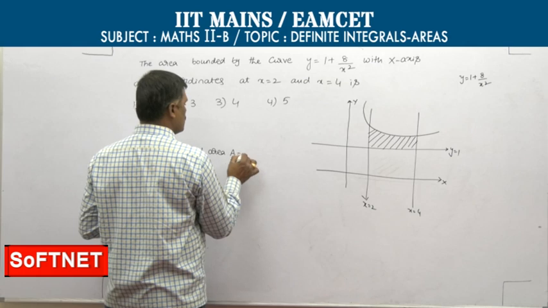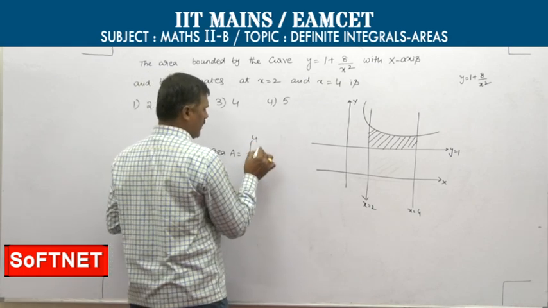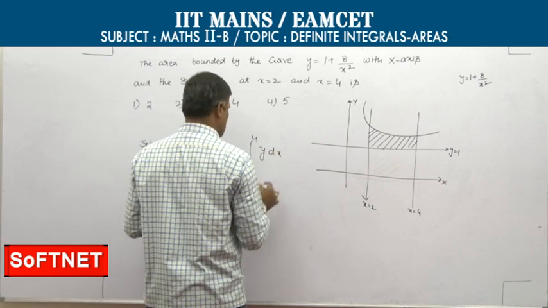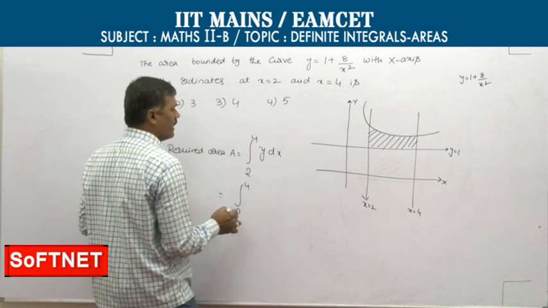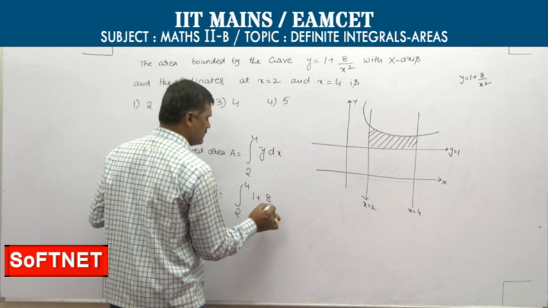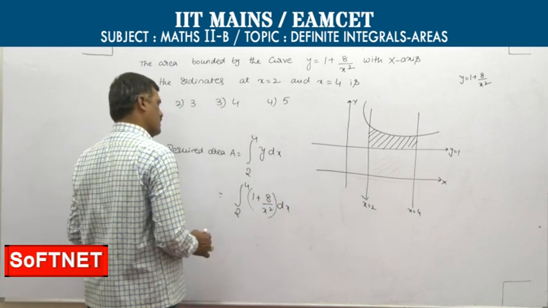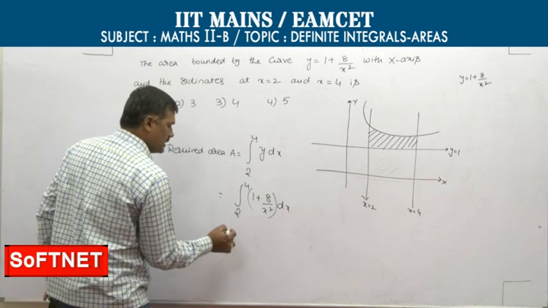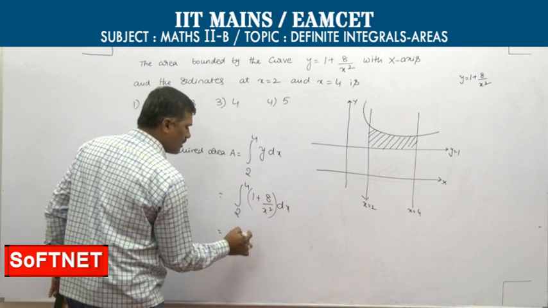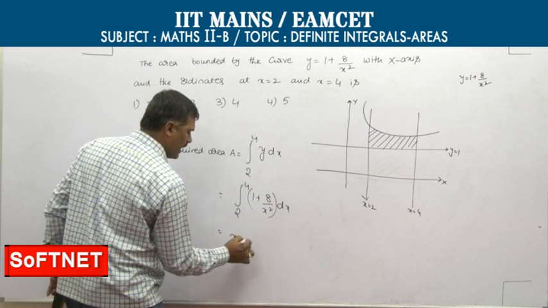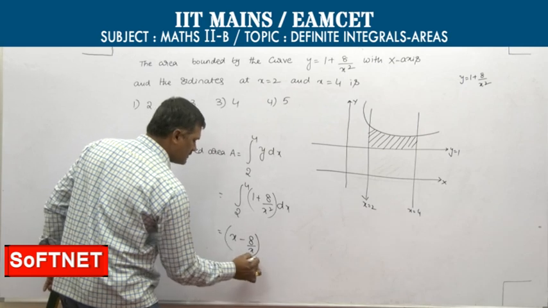A is equal to limits 2 to 4 of y dx, that is equal to the integral from 2 to 4 of 1 plus 8 by x square, dx. That is equal to the integral of 1 dx, x, plus 8 constant, integration of 1 by x square is minus 1 by x, so minus 8 by x, limits 2 to 4.